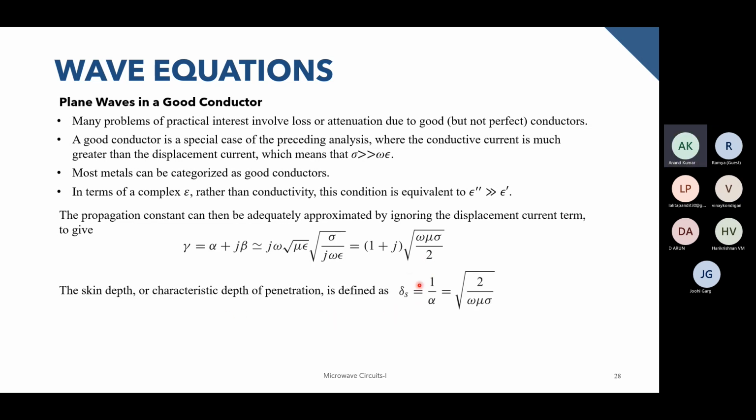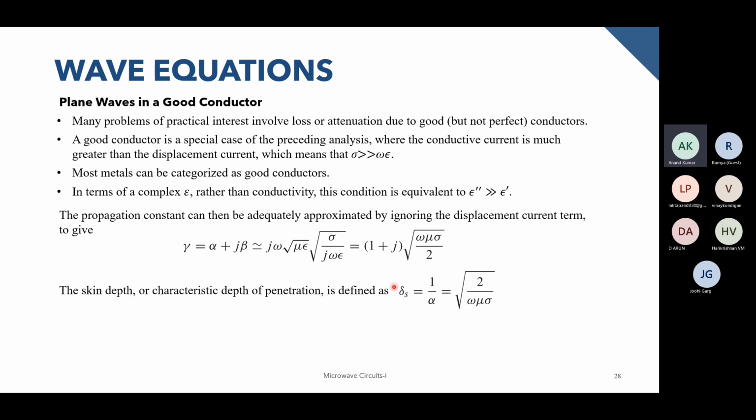Now we can calculate the skin depth inside a good conductor. In a PEC, the skin depth is 0, but in a good conductor you will have some finite skin depth, which is defined as 1 by alpha. You have the propagation constant over here, which is alpha plus j beta, and by visual inspection you can see that alpha is equal to root under omega mu sigma by 2.